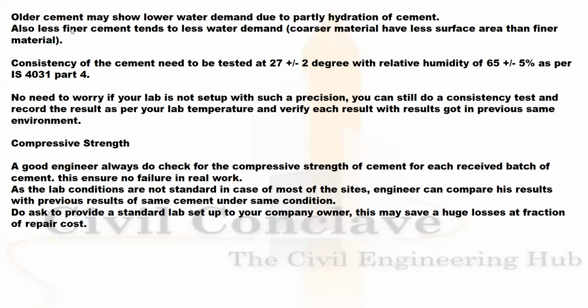Older cement shows lower water demand due to the hydration of the cement. Also, less fine cement tends to have less water demand. Consistency of the cement has to be tested at 27 plus or minus 2 percent as per IS 4031 part 4. Okay.